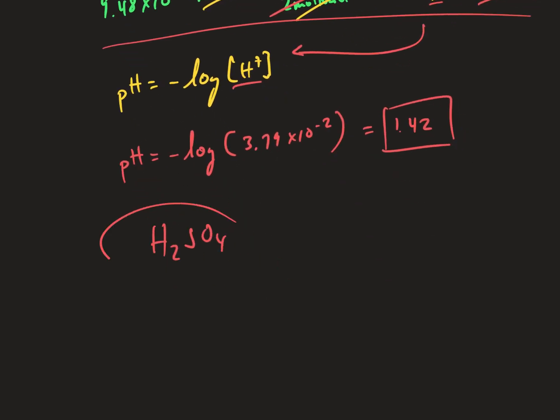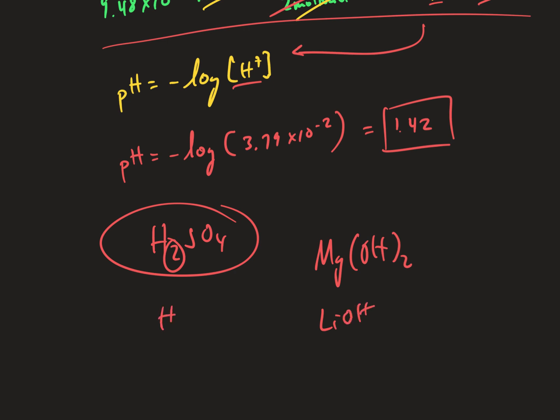H2SO4, for every one of these, we have 2 hydrogens. That's it. And if it's something like Mg(OH)2, it's 2 hydroxides for every 1 magnesium hydroxide. But if we're dealing with lithium hydroxide, it's just a 1-to-1 ratio.